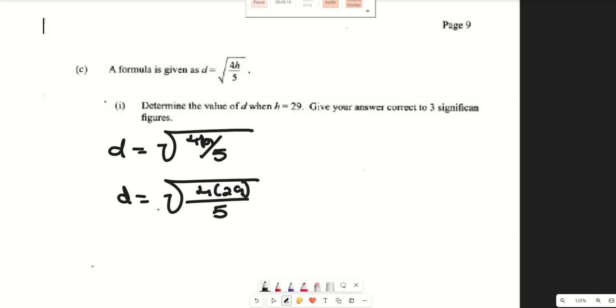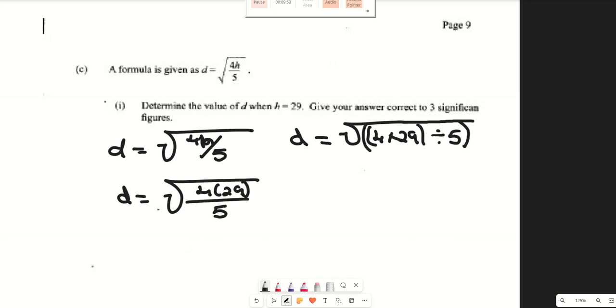If you're doing this in your calculator, d is equal to the square root of open bracket 4 multiplied by 29 divided by 5 close bracket. Or you could have simply done 4 multiplied by 29 divided by 5.